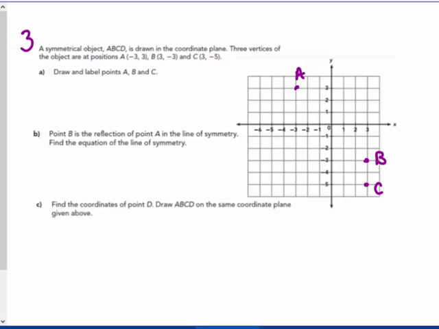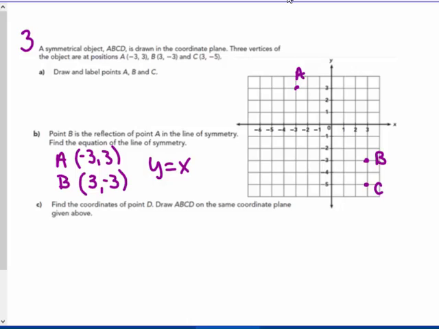Let's see. Okay, so I went from A, which was -3, 3, to B, which is the inverse, 3, -3. So my y became my x, and my x became my y. Oh, the line of symmetry is y equals x. So they were reflected over the line y equals x.